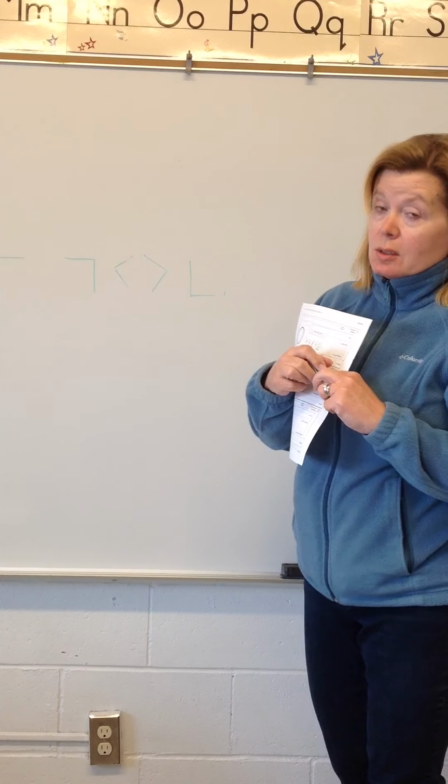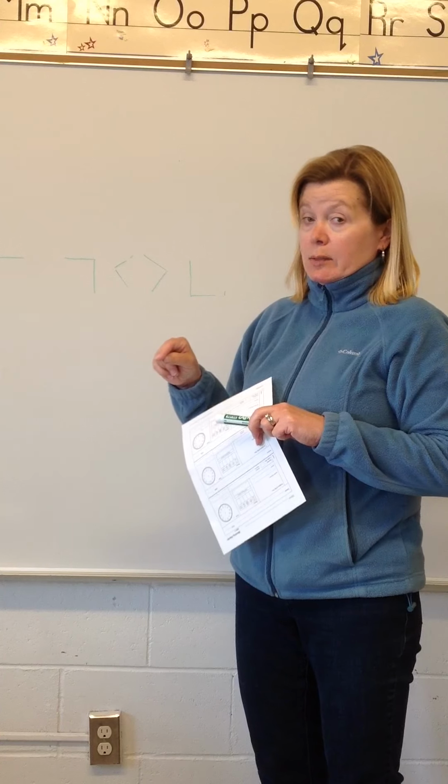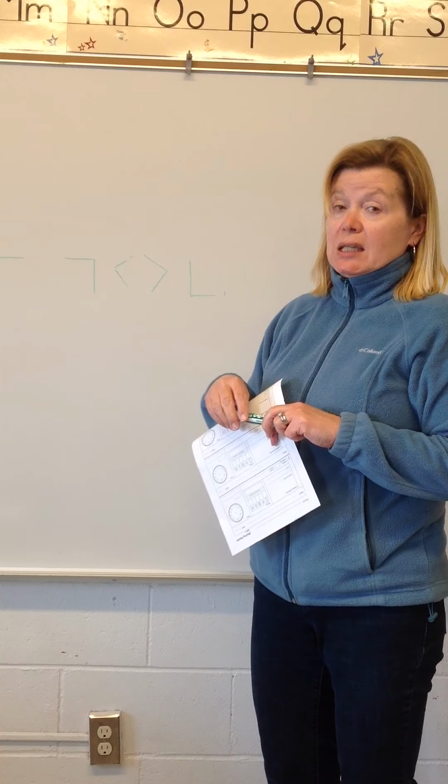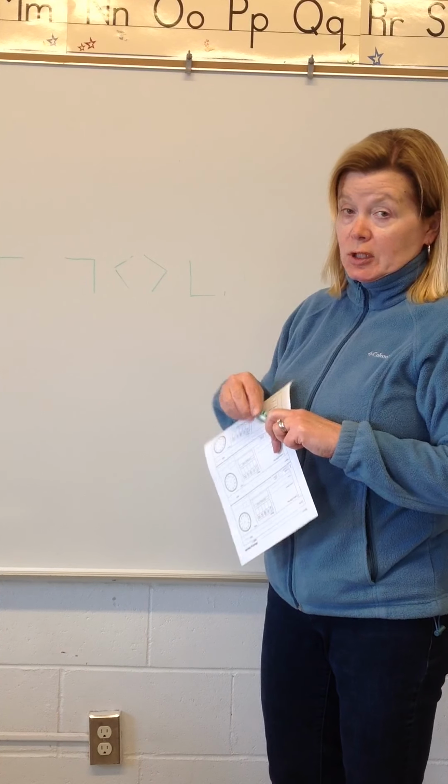And mathematicians, you know, they do not like to use words. We've talked about this many times. They like to use symbols. So what they do to show that something is a right angle is they put a small square in the corner. I'll show you.